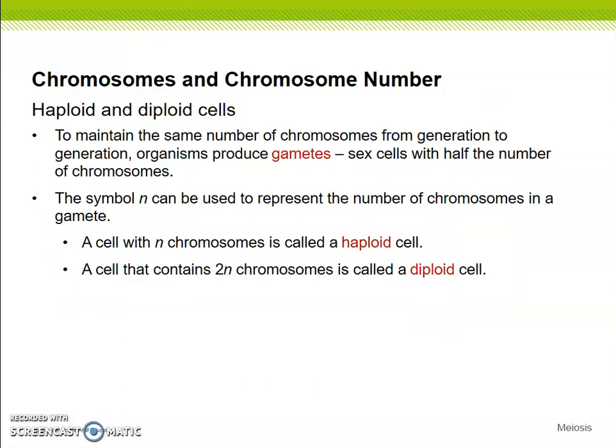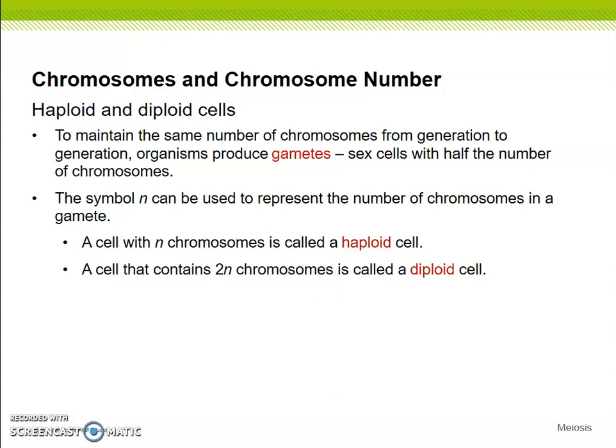Haploid and diploid cells. To maintain the same number of chromosomes from generation to generation, organisms produce something called gametes, or sex cells, that have half the number of chromosomes when compared to a normal body cell. That is so that when mom and dad get together, each one of them contributes half of their DNA to the offspring.